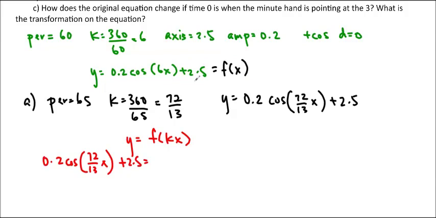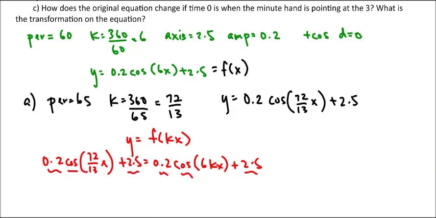as my f of x, then I'm going to have f of kx, so I'll put a kx instead of my x. So it's going to be 0.2 cos 6kx plus 2.5. So all the other things are the same, the 0.2 and the 2.5 and the fact that it's a cos.